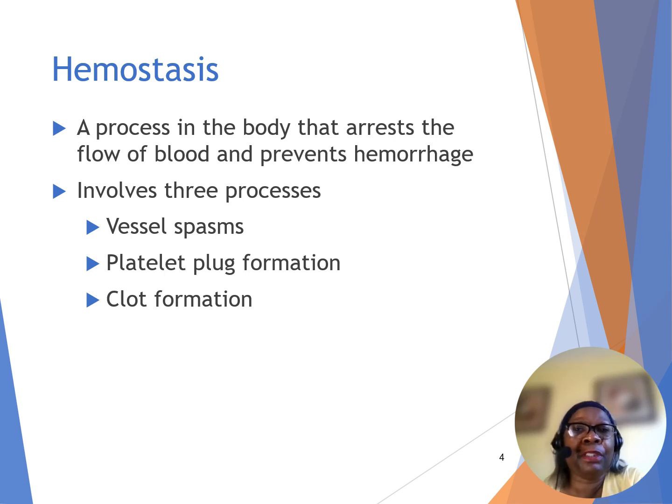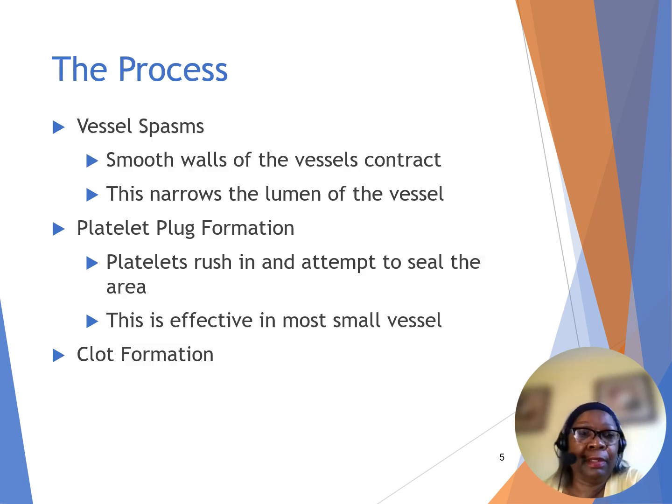Again, this is important to know because if your patient is taking something that will interfere with this process, what do you think will happen? That's right. They will bleed out. Very good. Meaning they will hemorrhage.